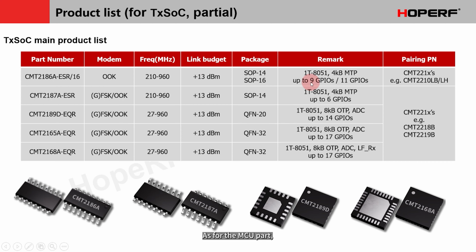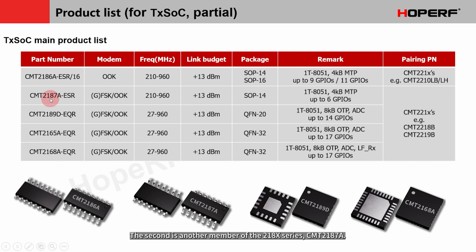As for the MCU part, it uses a high-performance 8051 core. It has 4 kilobytes of MTP program storage space for user code. In SOP14 packaging, it can support 9 I/O. SOP16 can support 11 I/O, and can be matched with all contact chips in the CMT221X series.